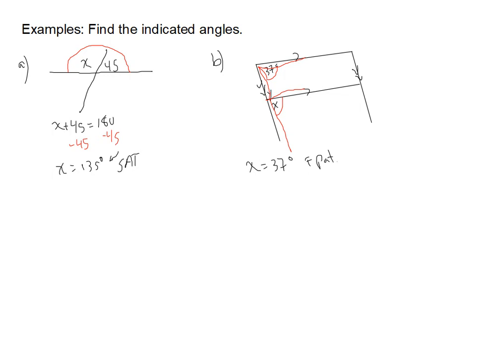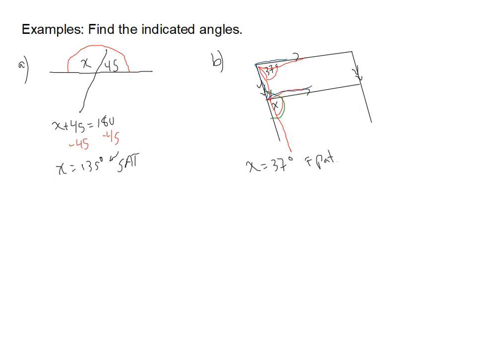Now there are a couple of ways that we can find y. We could use the supplementary angle theorem to go from here to here. Or instead, if we wanted to, we could use the C pattern here, the interior angles. I'm going to use that one just because we talked about it.